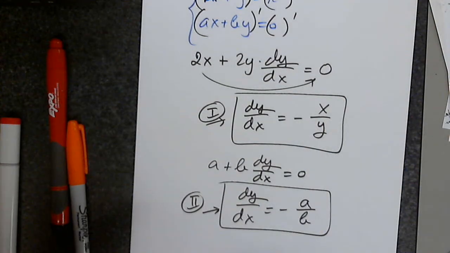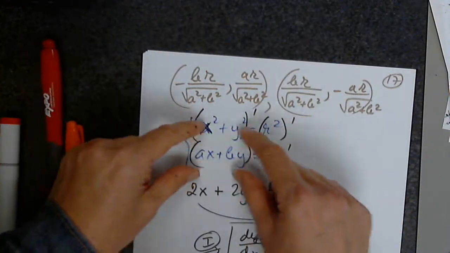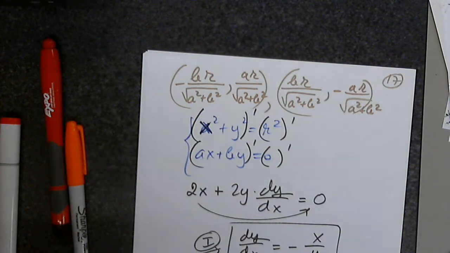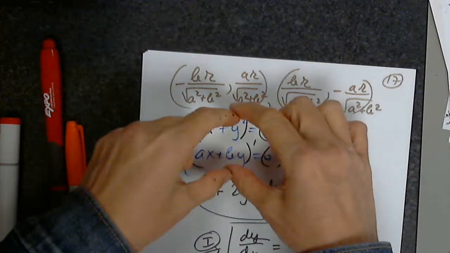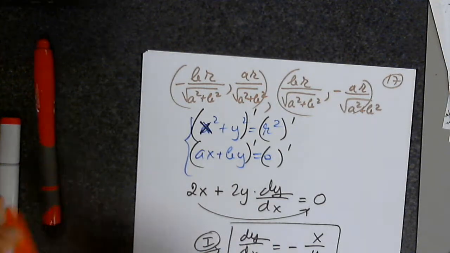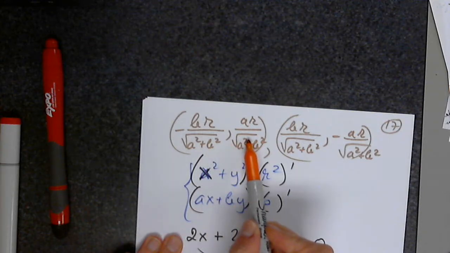If that's the case, then at each and every point of intersection, they have their tangents at that point perpendicular to each other. Therefore, the family of curves will be families of orthogonal trajectories. So let's just do that. I have to divide this by this.